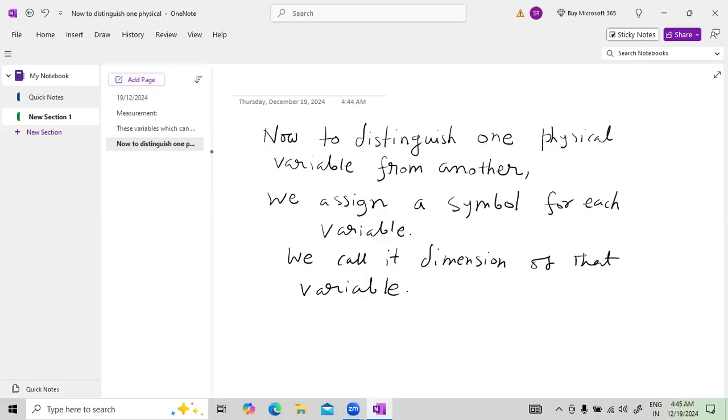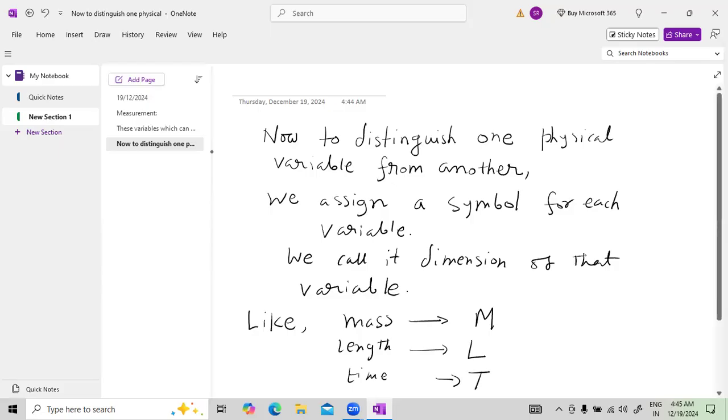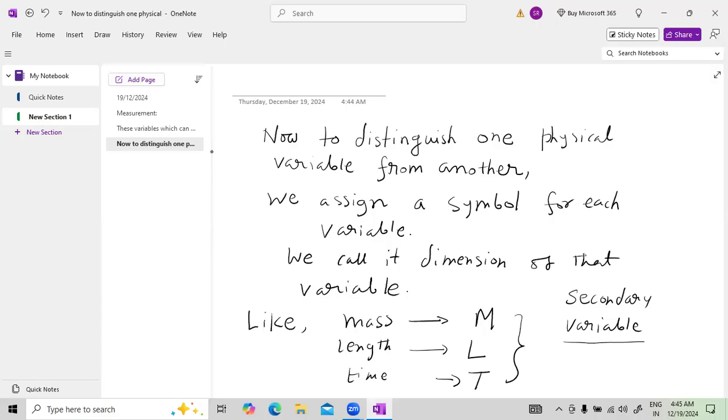Like for mass, it is capital M. For length, it is capital L. And for time, it is capital T. We take primarily these three, and all of the secondary variables, more or less, can be formed with these three primary variables.